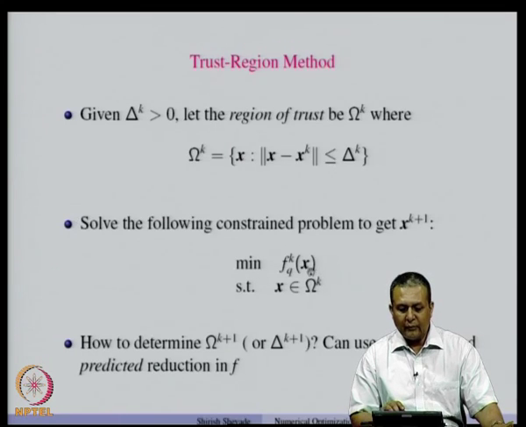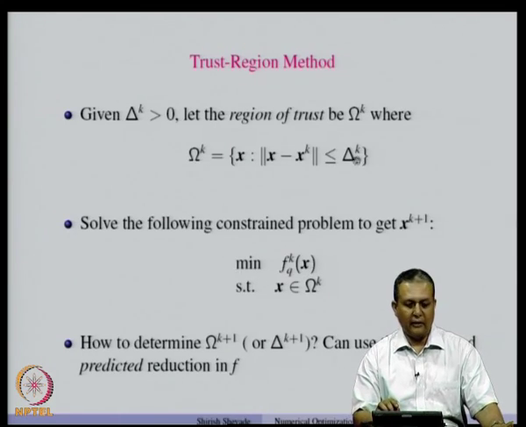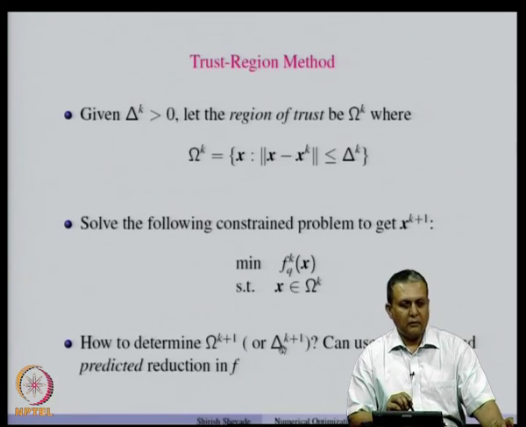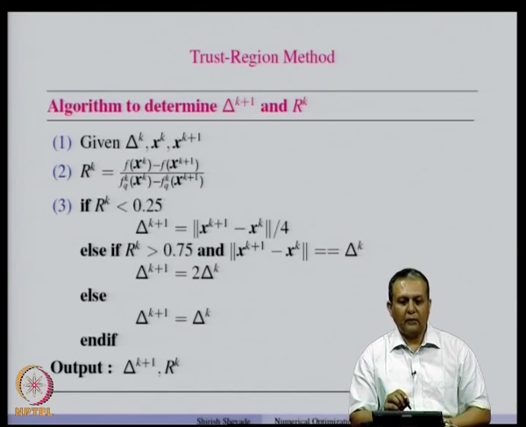And that optimization problem used delta k. So, given the knowledge of x k, delta k and x k plus 1, how do we determine delta k plus 1? That is the question that we would like to ask.